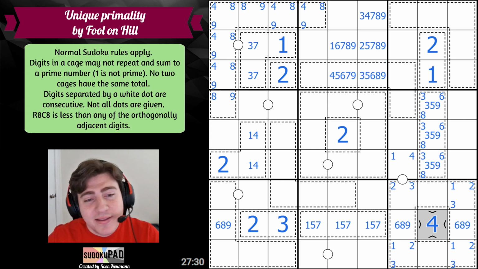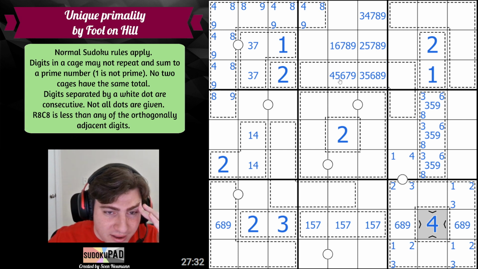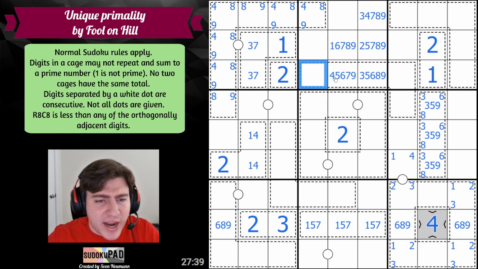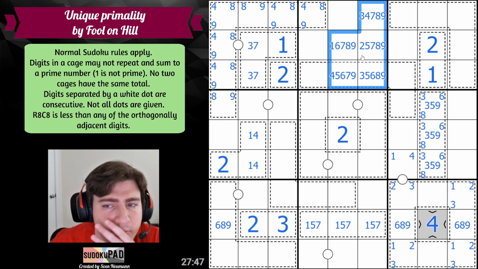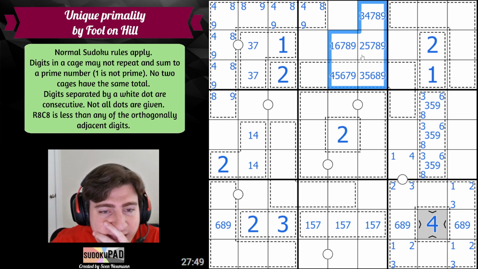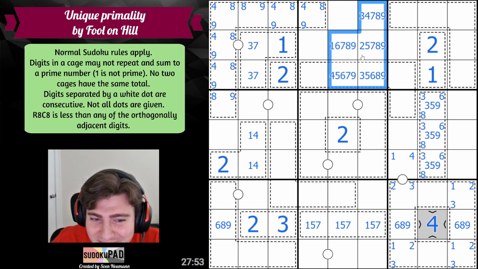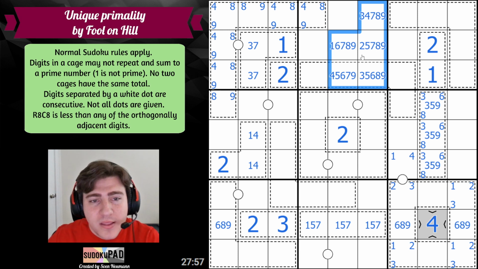So this is very unlimited. I guess these are probably like the 5 options. So no matter what, a 31 cage requires 9 in it, but that's all I've learned and that's not helpful at all.